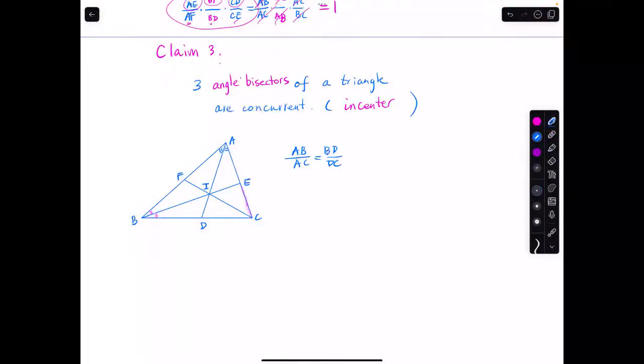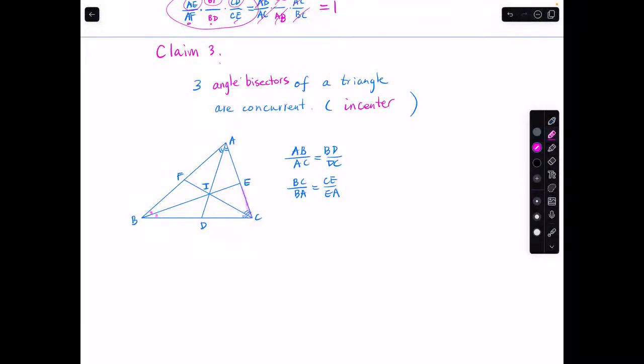In other words, we have BC over BA equal to CE over EA. And finally, let's look at the other angle bisector here. So the ratio would be these sides here, BF over FA. Let's write it. So we have AF over FB, in this case, equal to AC over BC.